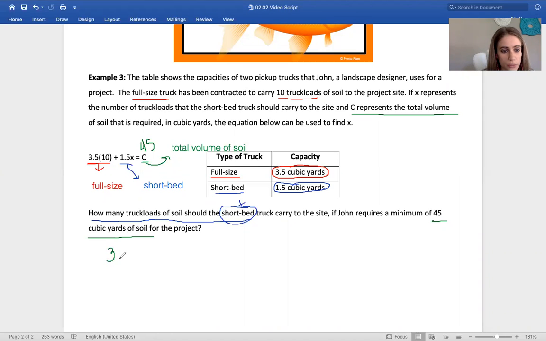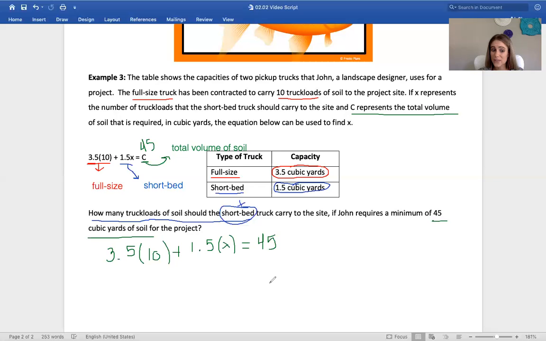All right, so 3.5 is the cubic yards for the full-size truck, which we have 10 of, plus 1 5/10 is for the short bed truck, and that's still a variable x. We don't know how many of those we have, but our C, our capacity, our full volume, is 45. When I look at this, I do have something that's being added.